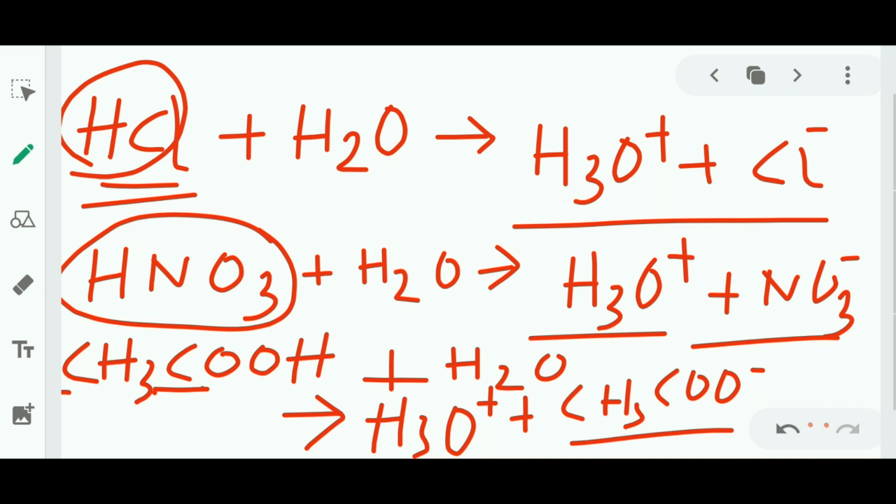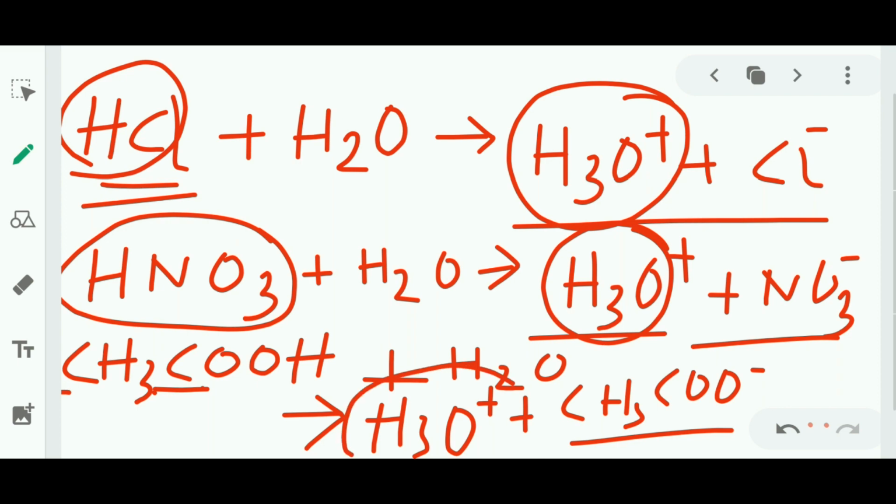Next, what is a base? Generally, bases are substances which react with acid to form salt and water. In other words, alkali is a kind of base which, when it is mixed into water, produces OH minus ion.